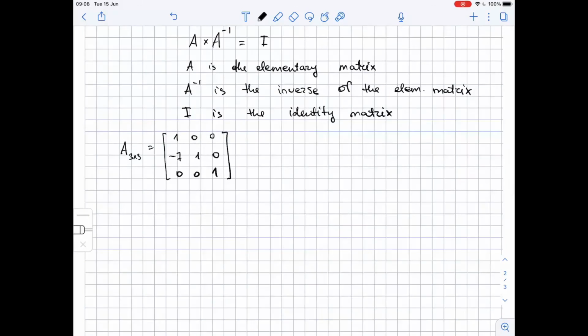We can state that this is an elementary matrix because when a column operation is performed on this matrix, it turns into the identity matrix. The column operation that can be performed is substituting column 1 plus 7 times column 2 for column 1, and then we get the identity matrix.